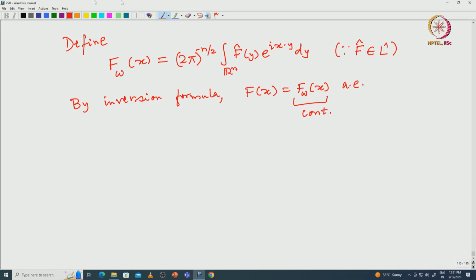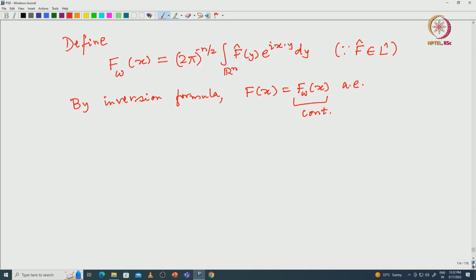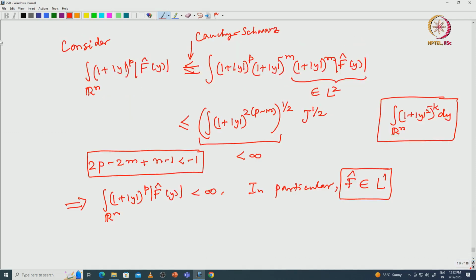And again go back now. If p is bigger than 0, we also get some powers of y there, and they are all L1 functions.